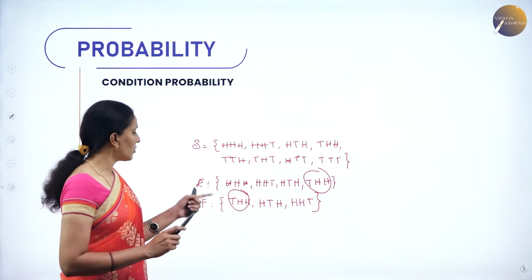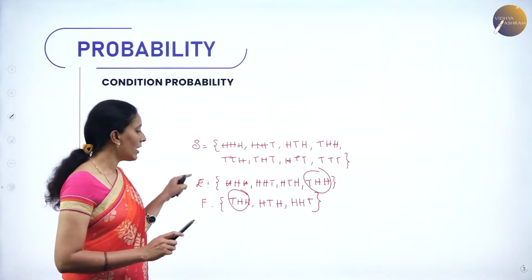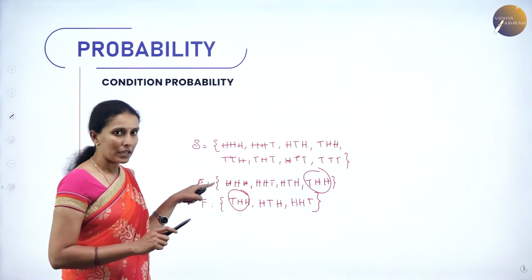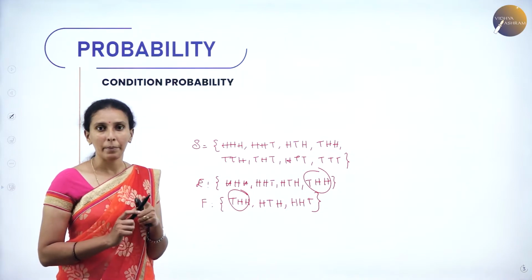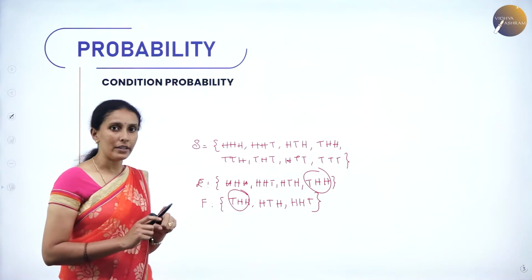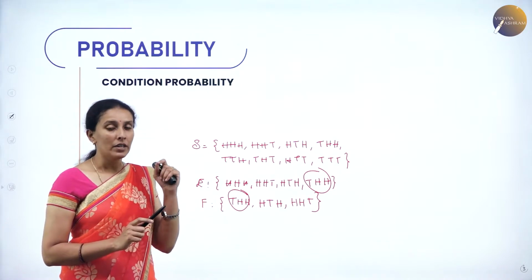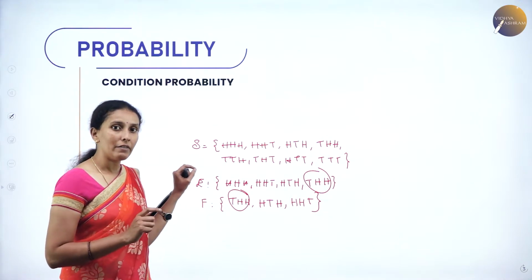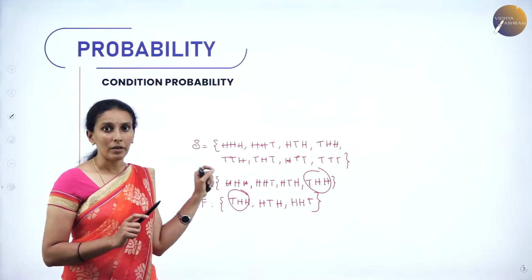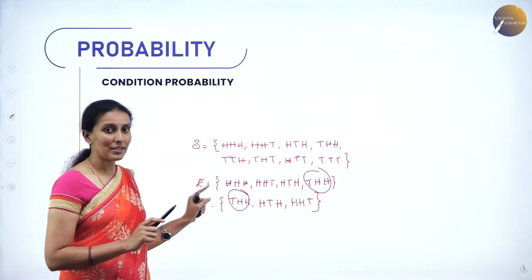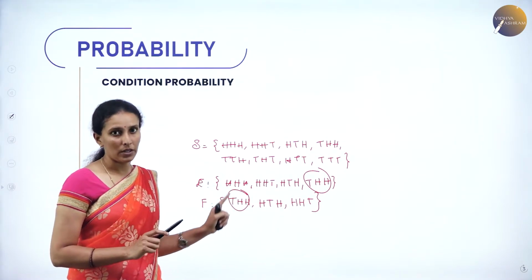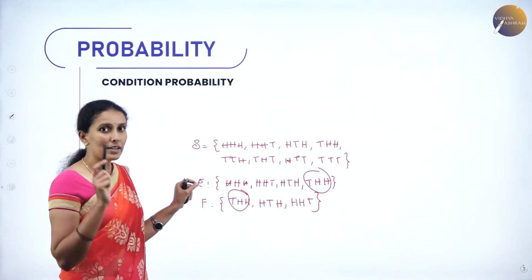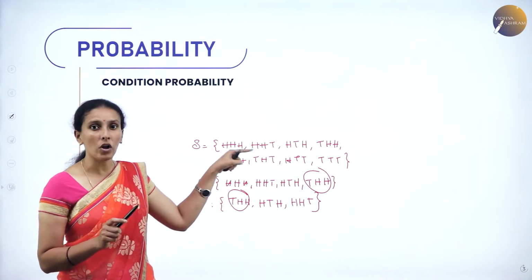So to happen event F, event E has to have already happened, or to happen event E, F has already happened. Only then can we get event E, or only then can we get event F. So there is a condition for event F to happen, that event E has to have occurred already, because they can't occur independently since they share the same outcome here.